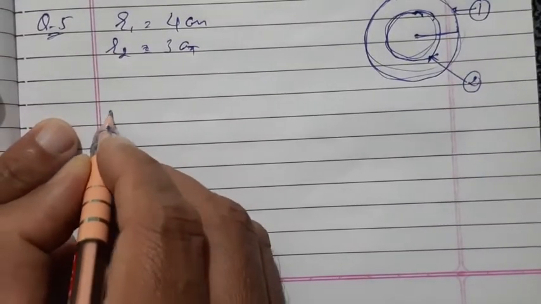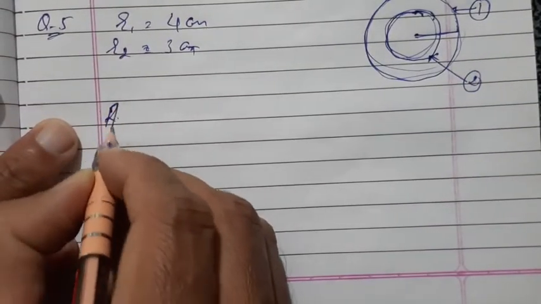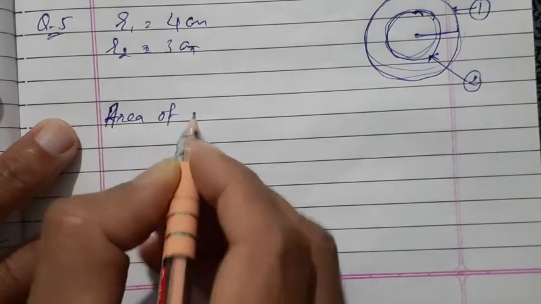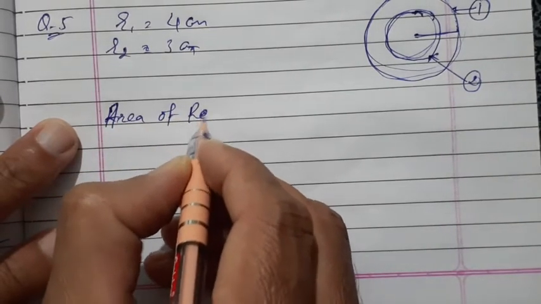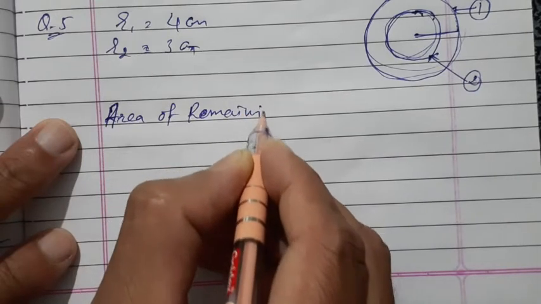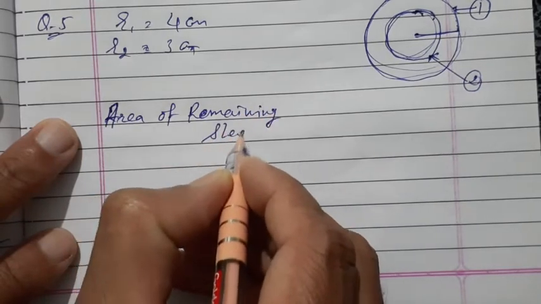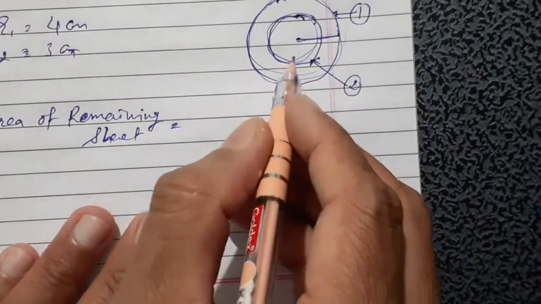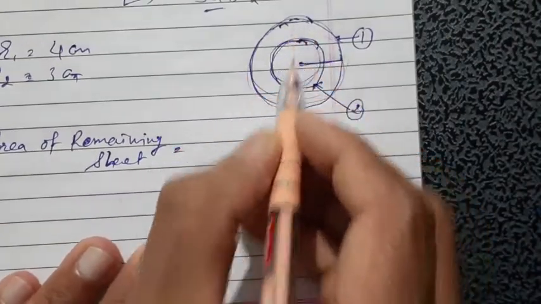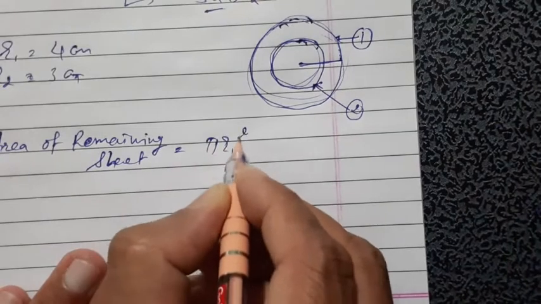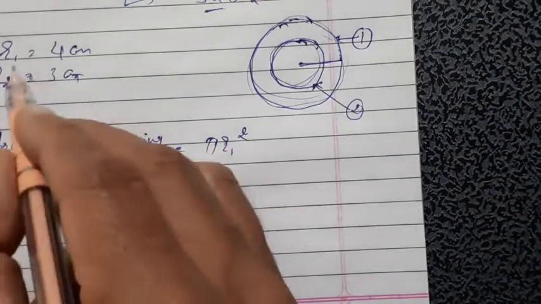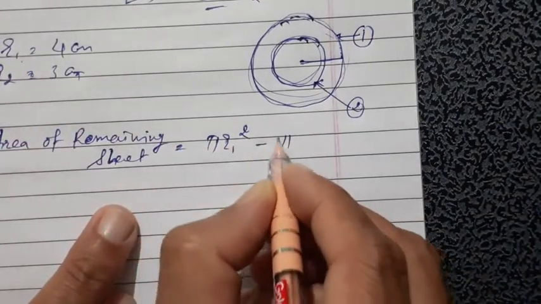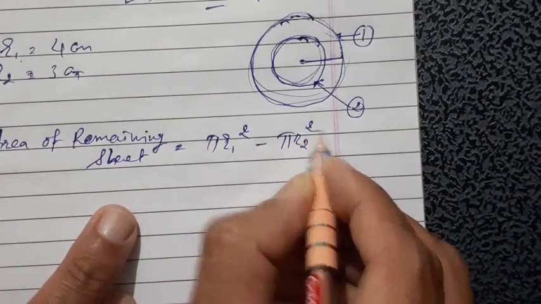So here we directly find that one. Area of remaining sheet equal to area of first one, that is circular, so pi r1 square, because the radius of the first one we take r1, minus area of second one, pi r2 square.